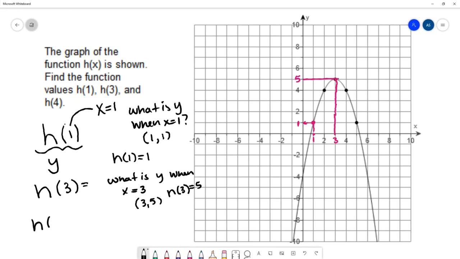Then let's look at the last one, h of 4. So what is y when x is 4? So we go to our x scale, we find the 4, we go up to our graph, and we have our y value is 4. We have the ordered pair (4, 4), and h of 4 is 4.